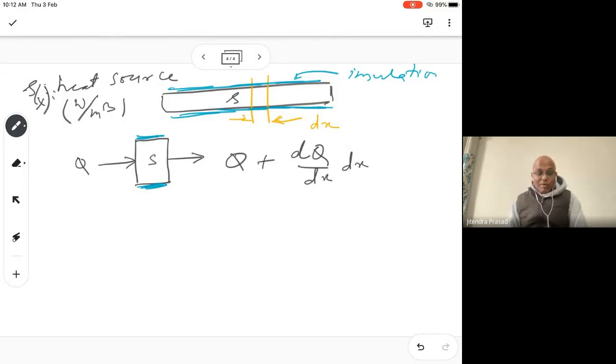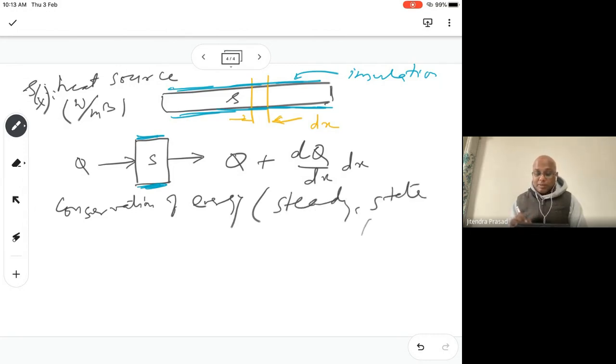And what do we have to calculate? What is the principle that applies here? Conservation of energy. Why? Because we know that this is a steady state problem, meaning that with time, the temperature distribution is not changing. Steady state means T(x) is not changing.